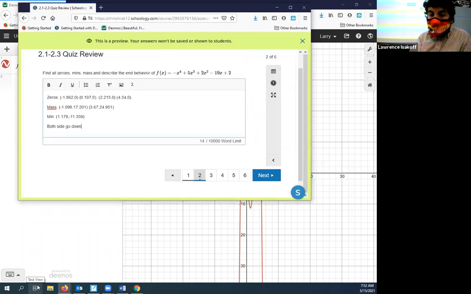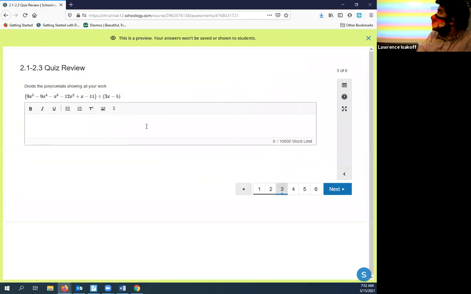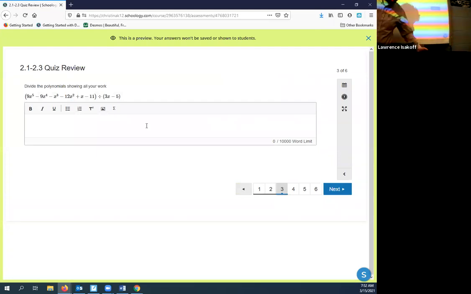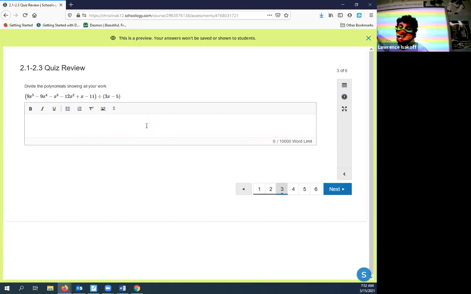Now, a lot of what we're going to do is going to come down to doing work by hand. So here, it says to divide this polynomial. This one we have to do long division because it says 3x minus 5.